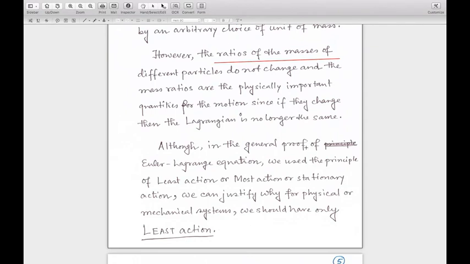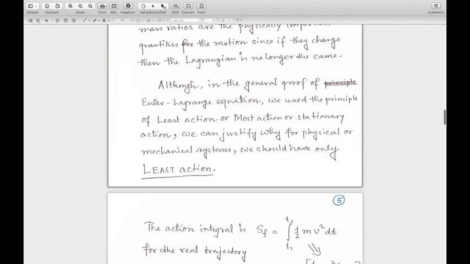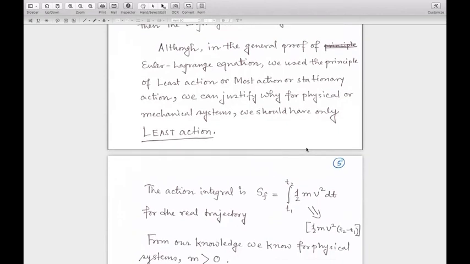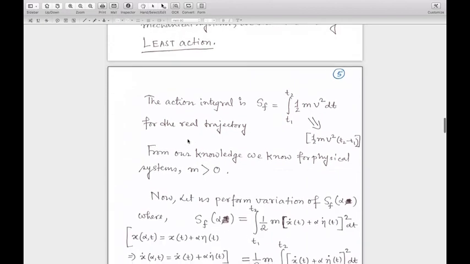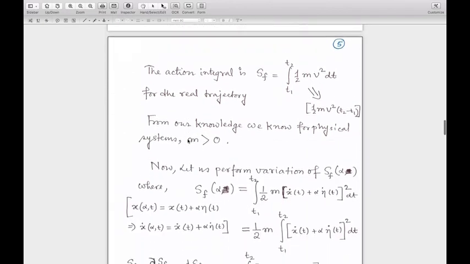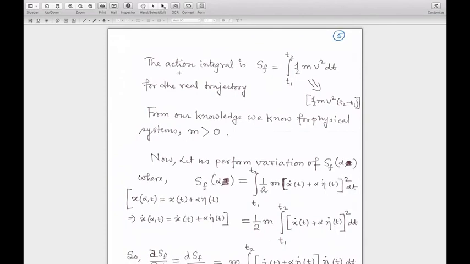Basically, in the next part, we will practically justify why for physical or mechanical systems we should only have least action. For that, we will use this trick. We write the action integral for a free particle, which is given as an integration from t1 to t2 of half m v square times dt, right?